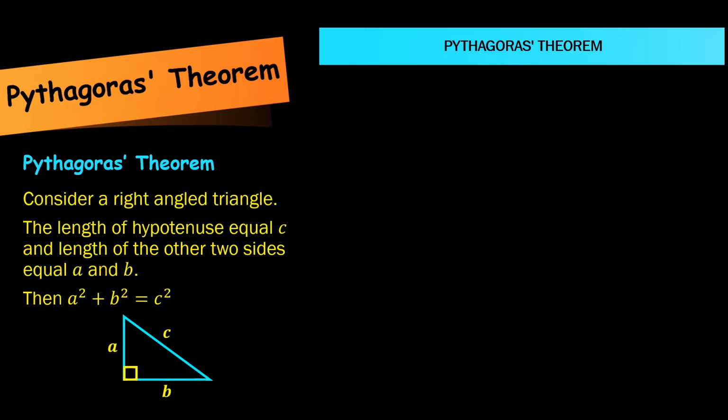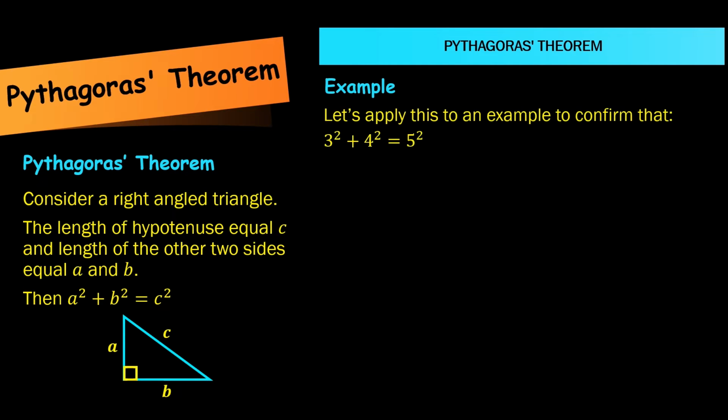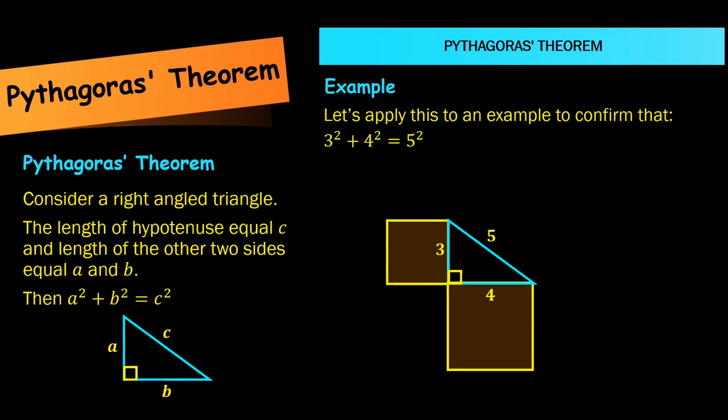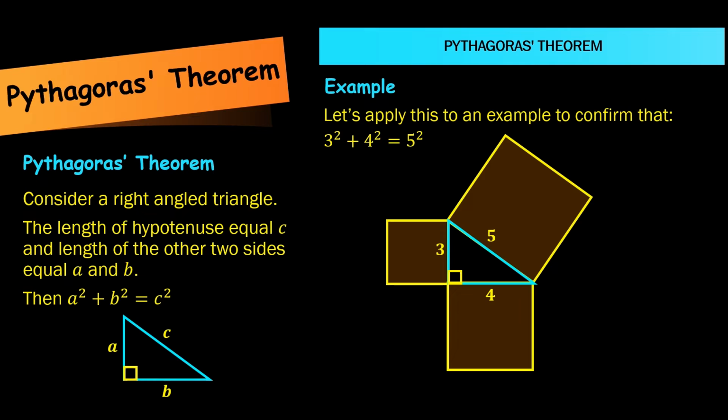This is Pythagoras' theorem. So let's take a look at an example. If we have what we call a 3, 4, 5 triangle, as shown, then 3 squared plus 4 squared equals 5 squared. So here's 3 squared, here's 4 squared, and here's 5 squared.